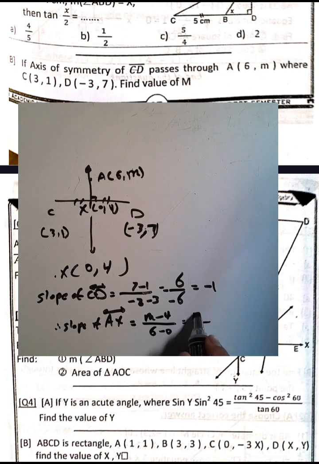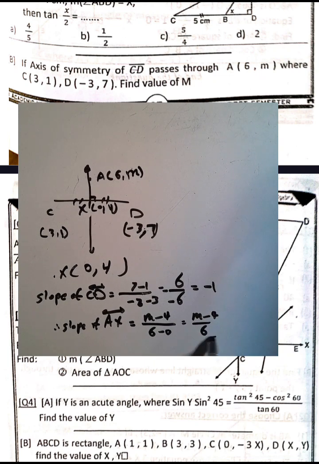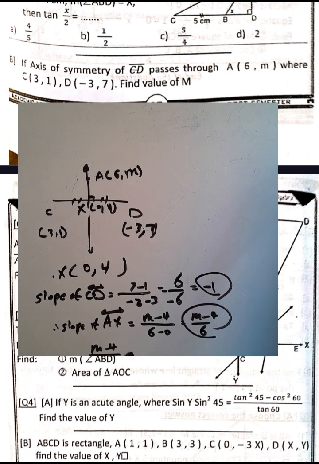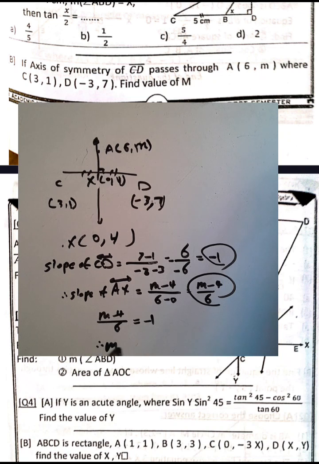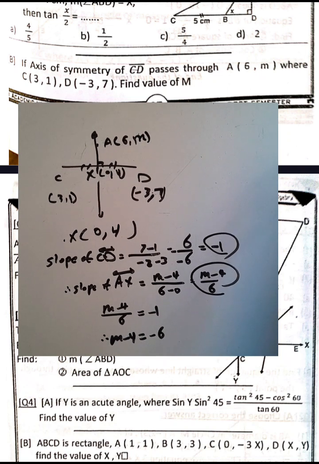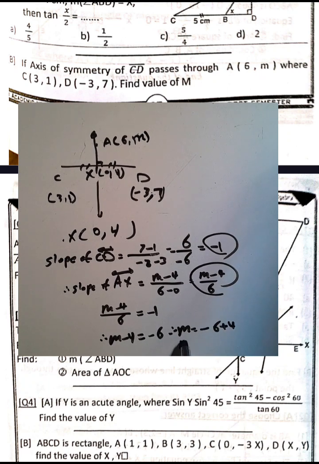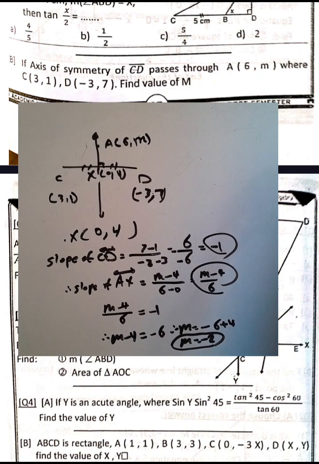It will be M minus 4 over 6. Then M minus 4 over 6 will be equal to negative 1. They are equal. Then M minus 4 equals 6 times negative 1, it will be negative 6. Then M will be negative 6 plus 4, so M here equals negative 2. The value of M here will be negative 2.